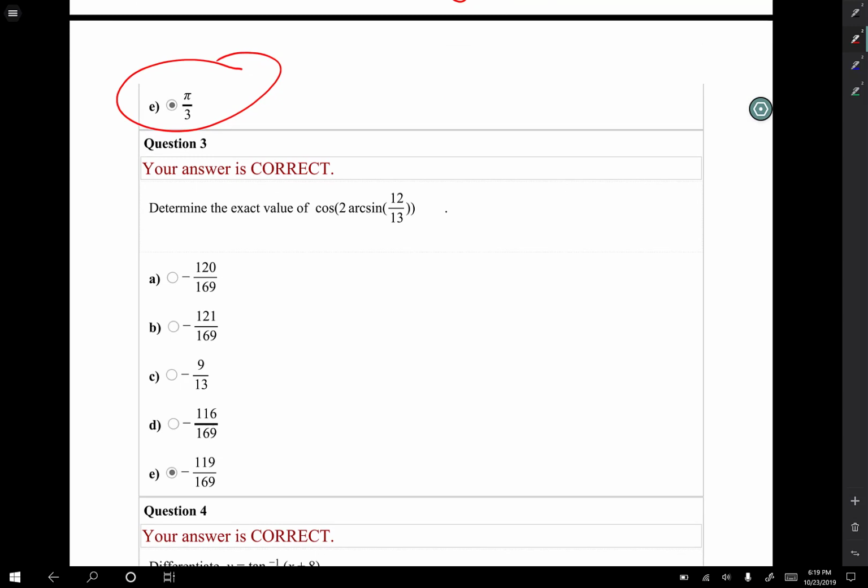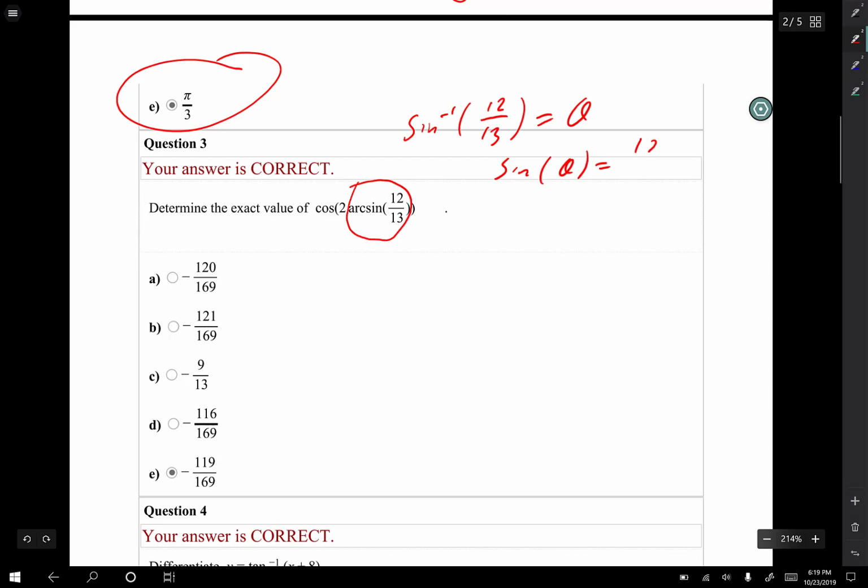All right, so this question says determine the exact value of cosine of 2 arcsine of 12 over 13. Hopefully your pre-cal is legit. This right here on the inside means sine inverse, that's arcsine there, of 12 over 13 equals theta, so it means sine of what angle equals 12 over 13.